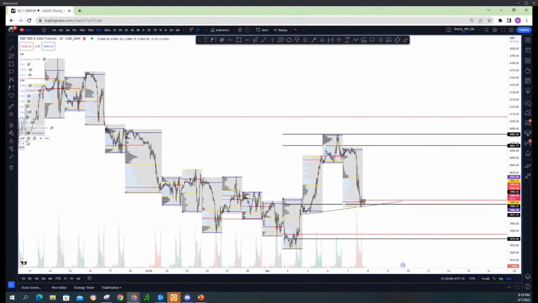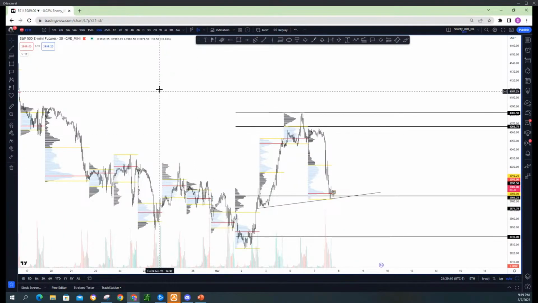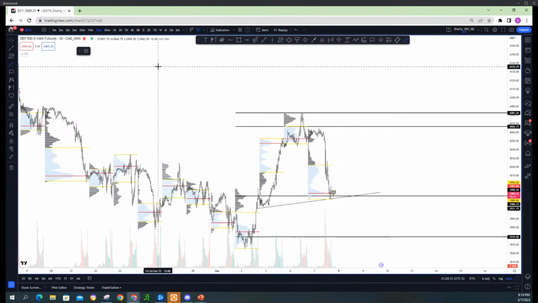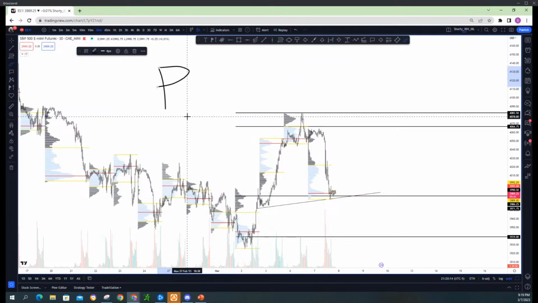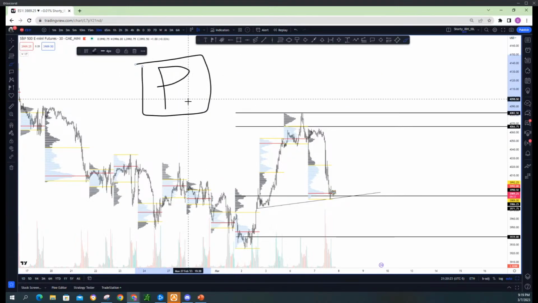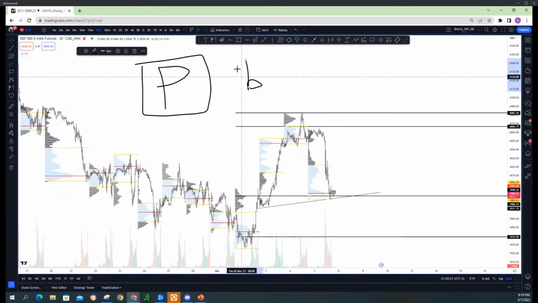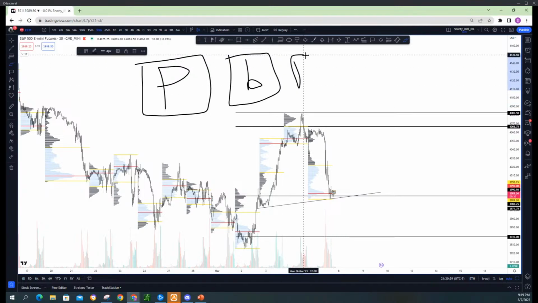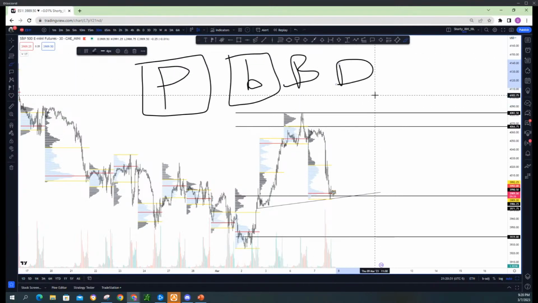When your profile is skewed, when it looks like this, does anyone know truly what that means in terms of price and time? Who can put this profile in definition of price and time? What does it mean? Because you have this one, you have the B, and then you have this one, and then you have the D, right?